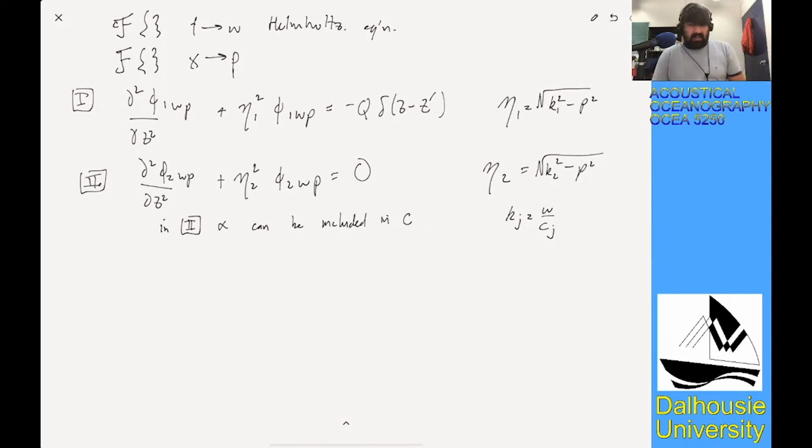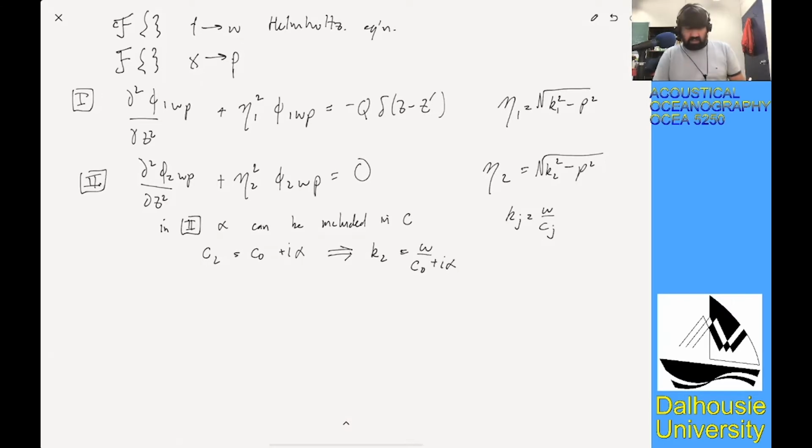And I think this is going to make sense here. Basically, we say c2 is equal to c naught plus i alpha. And that makes k2 equal to omega over c naught plus i alpha.